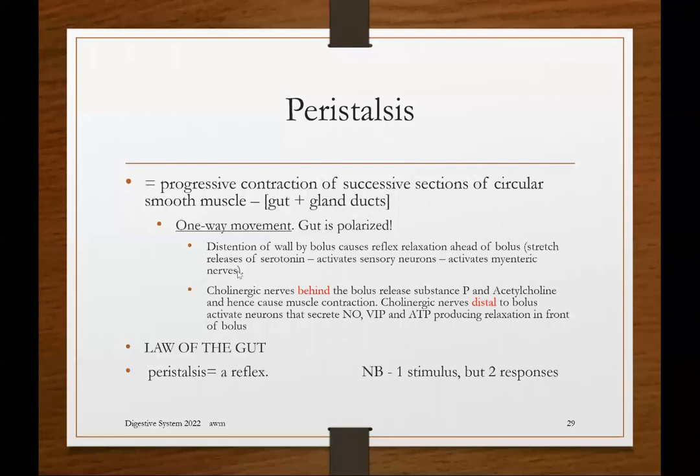Now, I know people talk about anti-peristalsis. I think when they talk about anti-peristalsis, they're talking about movement in the opposite direction of what you expect when peristalsis happens. So for example, when you have vomiting, because I know you're going to ask that.